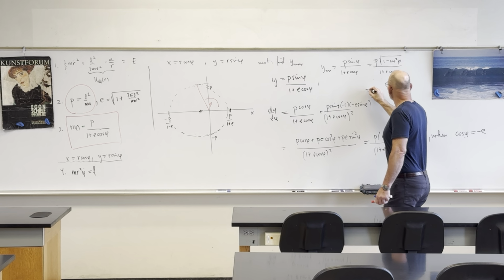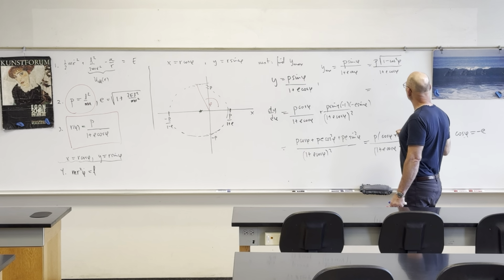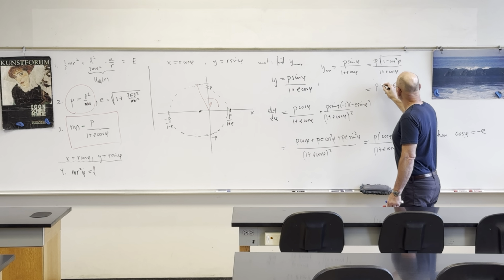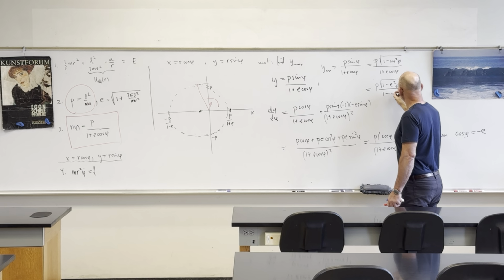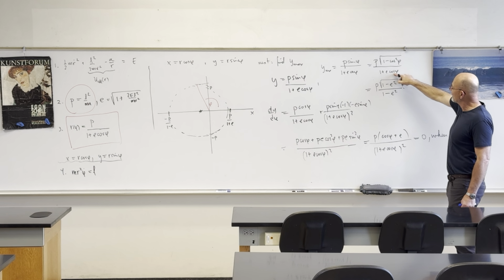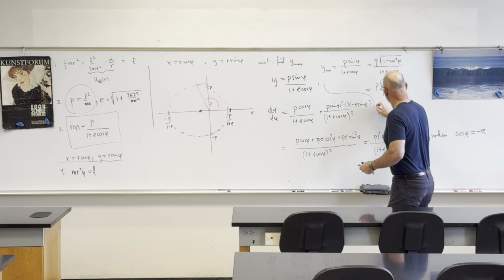And now we can plug in what cosine of phi is. It's negative e. So it's p times the square root of 1 minus e squared divided by 1 minus e squared, because cosine phi itself is negative e, okay? I'm going to block this off for you.